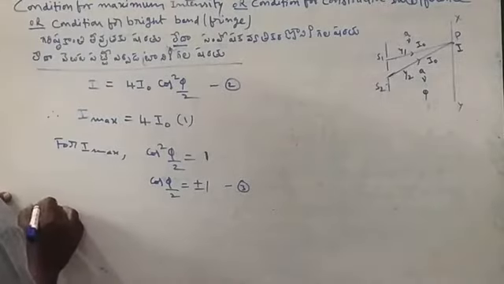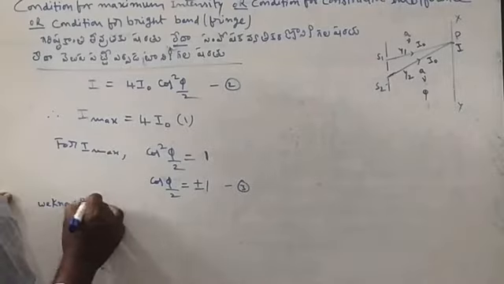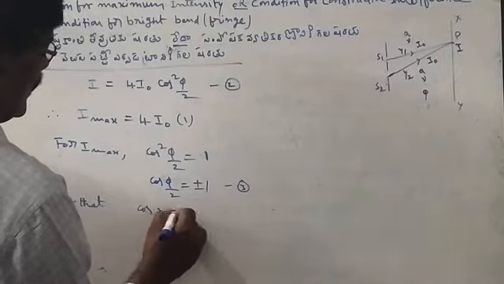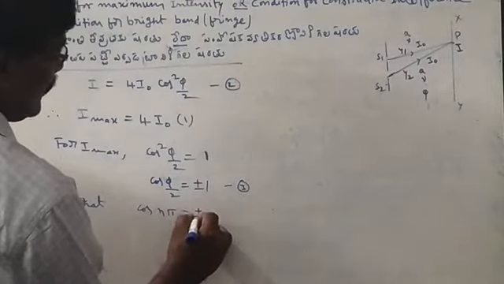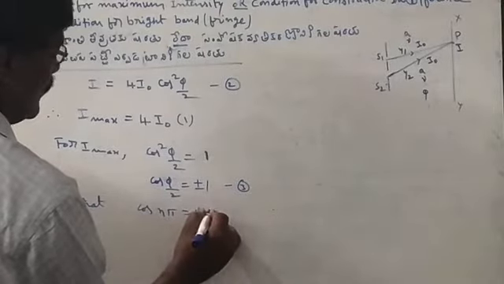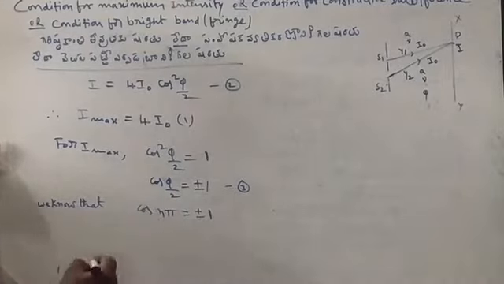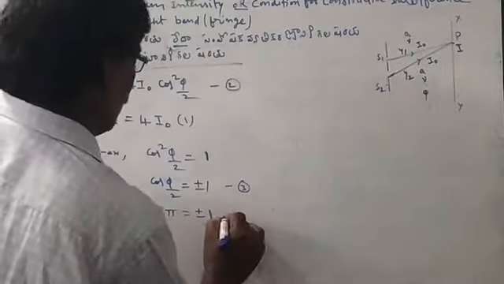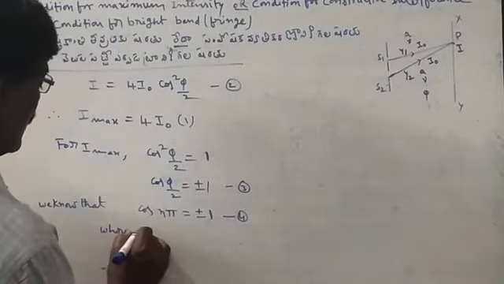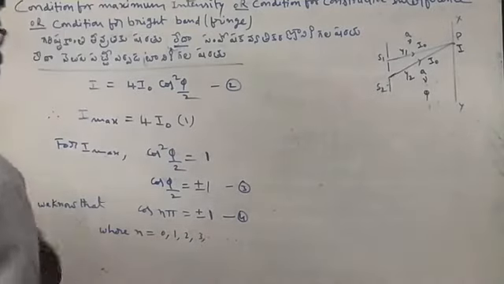We know that cos of n pi is equal to plus or minus 1. In mathematics, cos n pi is equal to plus or minus 1. This is equation number 4, where n is equal to 0, 1, 2, 3, and so on.